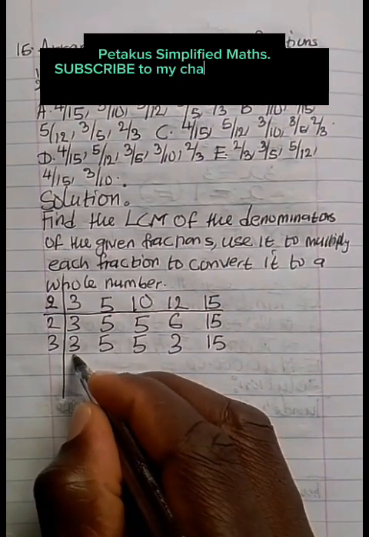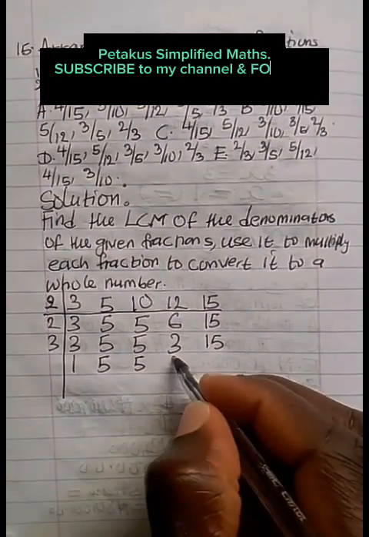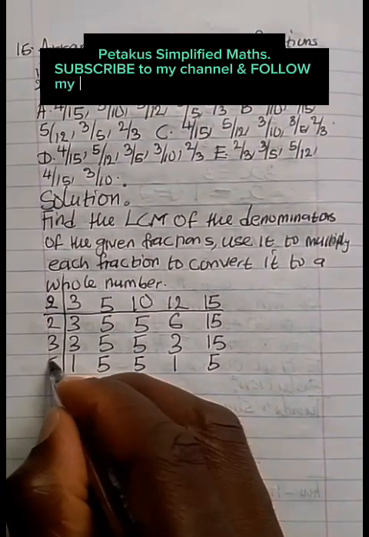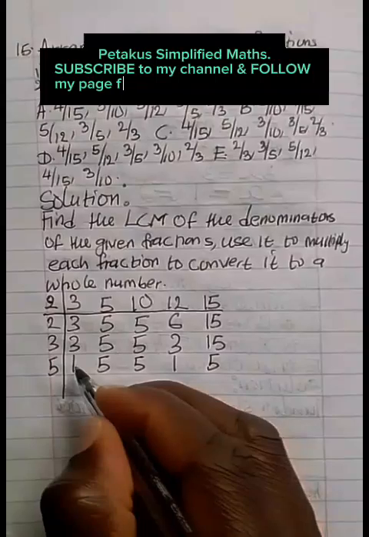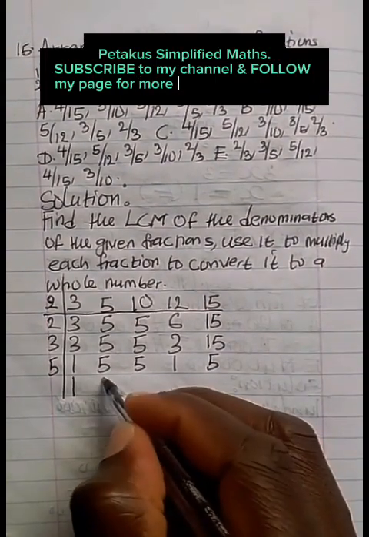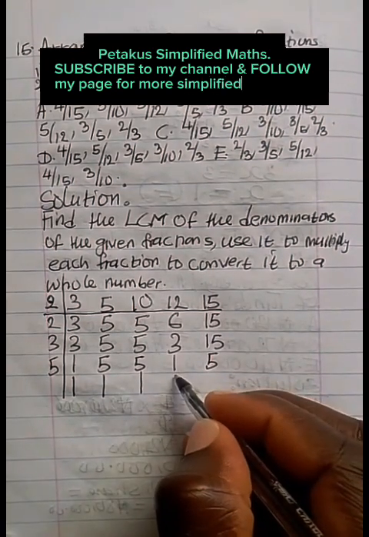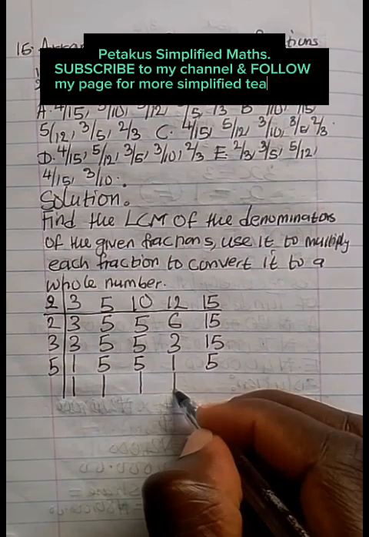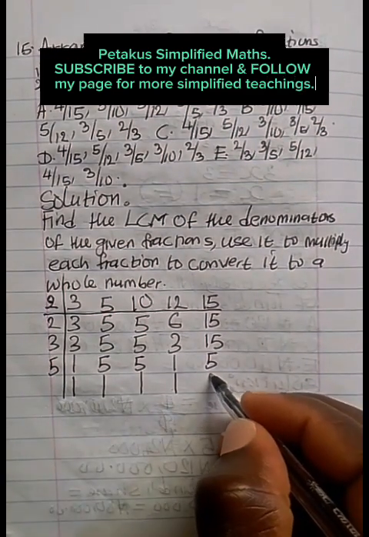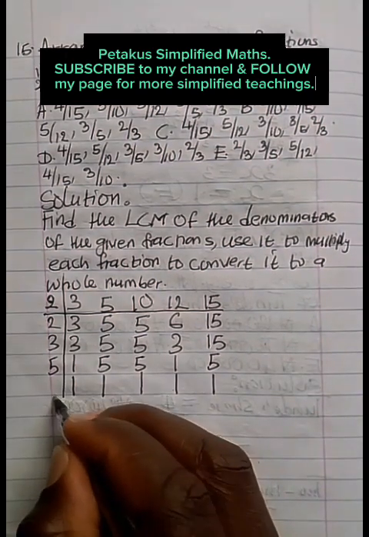So here is 1. Here is 5. Then 5 will divide. Here is already 1. You bring it down. 5 divided by 5 is 1. You stop there.